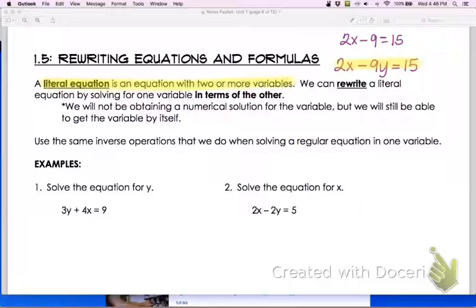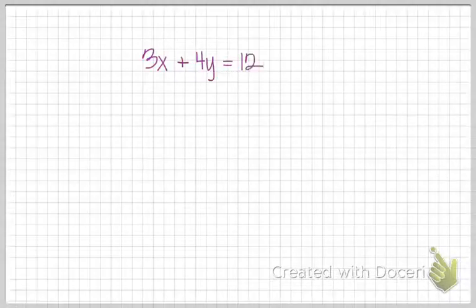Okay, so we can rewrite a literal equation by solving for one of the variables in terms of the other. So let me show you a little bit of what that means when we say in terms of the other. So let's say that I have the equation 3x plus 4y equals 12.